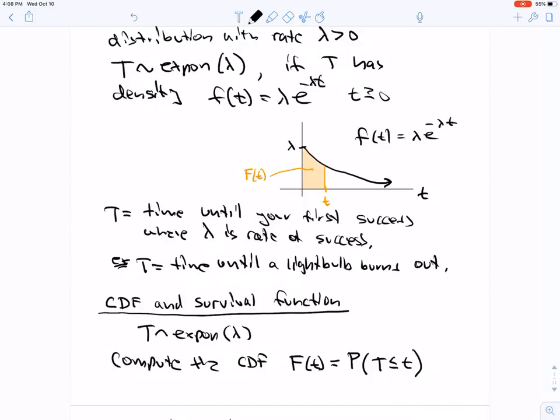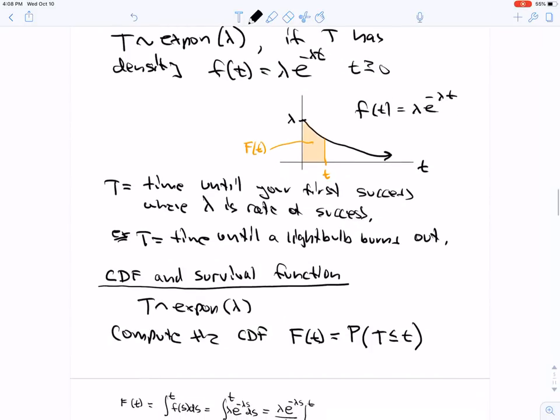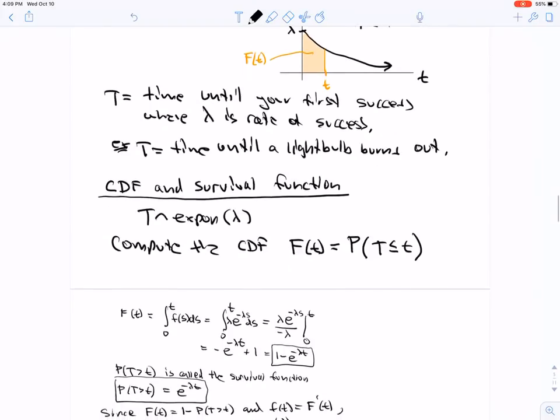Exponential decay always looks like this. Here t is non-negative. So t is the time until your first success, where lambda is the rate of success. Success here is usually some kind of death when it comes to the exponential distribution. For example, t is the time until a light bulb burns out.